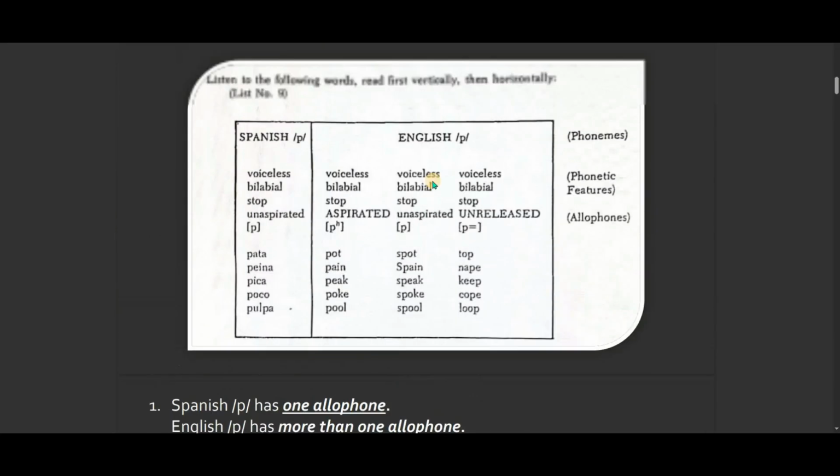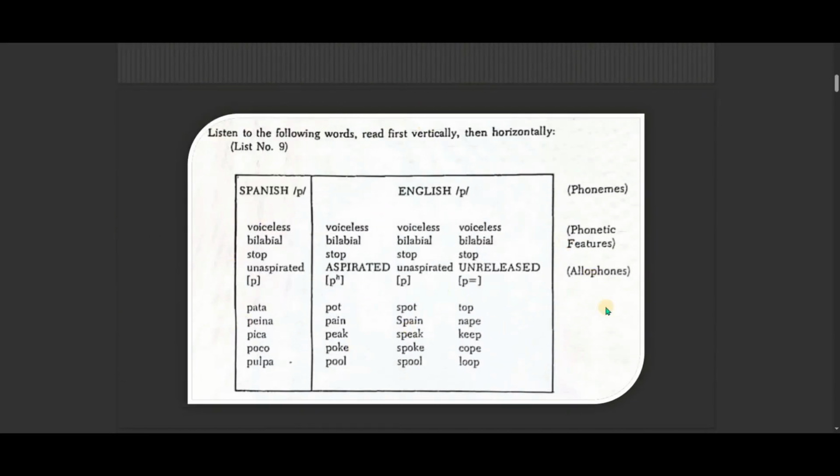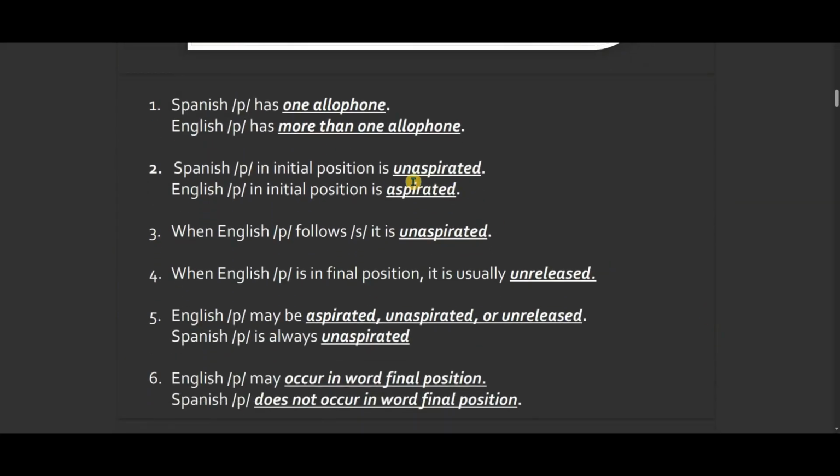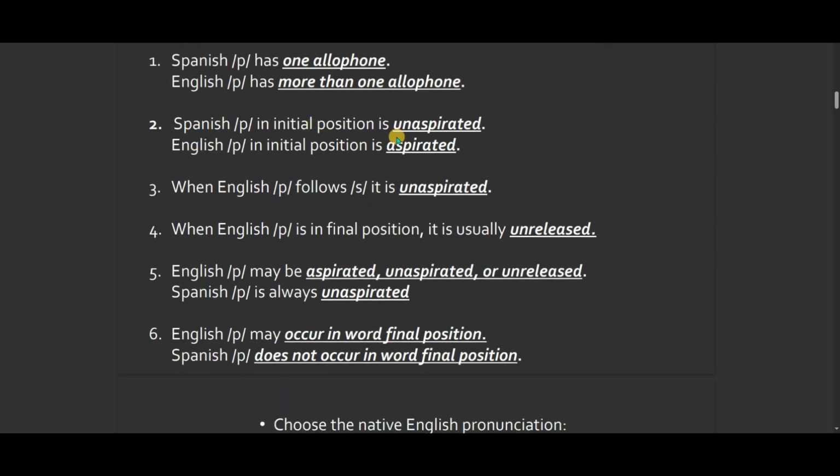So knowing this, which is explained in this chart, we can say that number one, the Spanish P phoneme has only one allophone. English P has more than one allophone. It has three allophones. Number two, Spanish P in initial position is unaspirated.